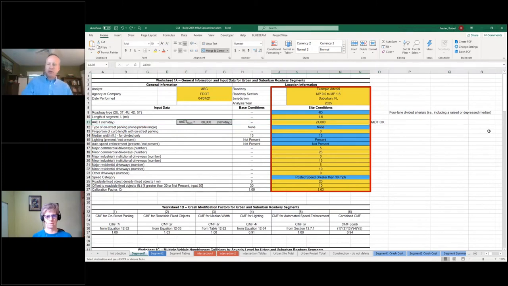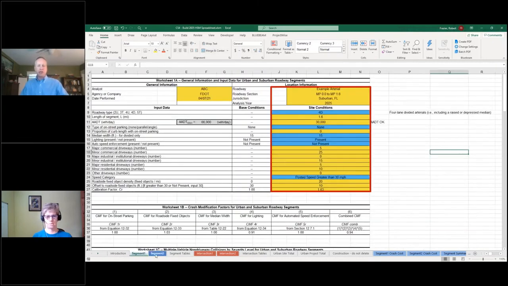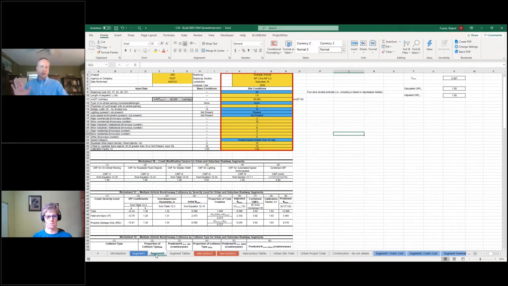So we put in the 30,000 in row 11, and we're going to do that for both segments. 30,000 for both segments. All right, so get that build file open and make that change. It's one change on each sheet. Everything else is exactly as it was before. No other changes.